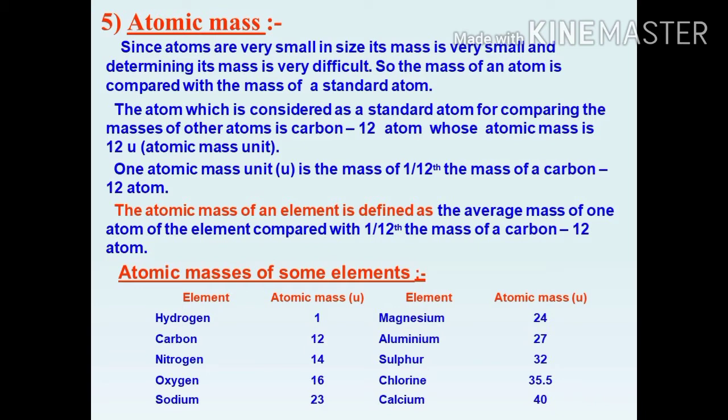Then the electrons are found around the proton and the neutron, which means found around the nucleus. Proton is a positive charge, neutron is a neutral charge, electron is a negative charge.